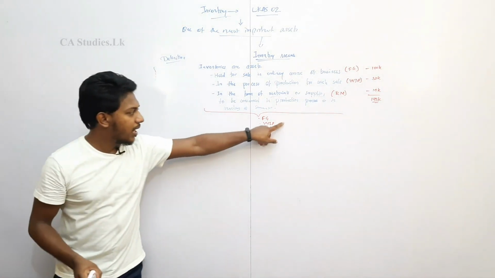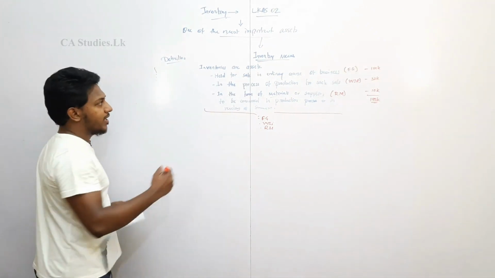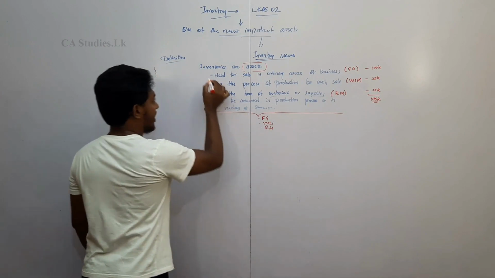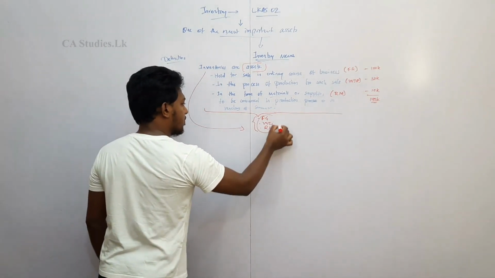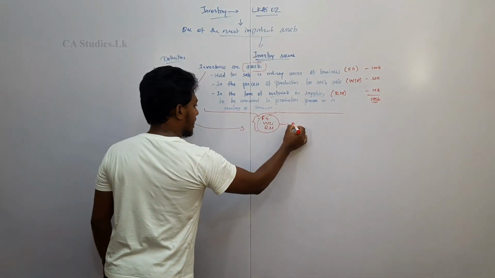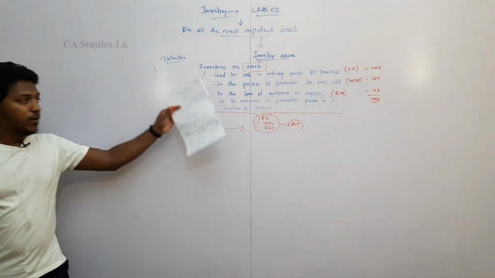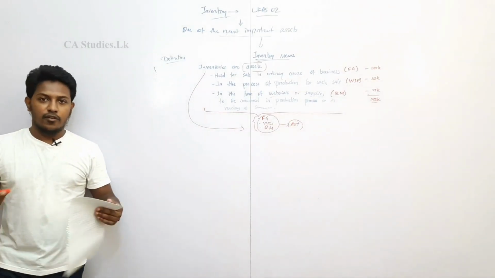Then all these three items should pass the definition of an asset. Inventory means these three, right? These three should be assets. Then the asset definition should be passed. The asset definition, you know that, right? Controlled by the entity and future economic benefit should flow to the entity.